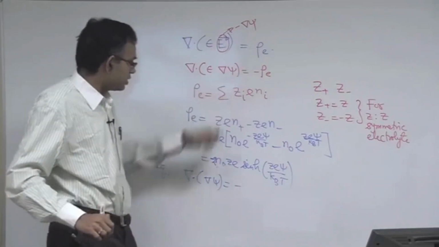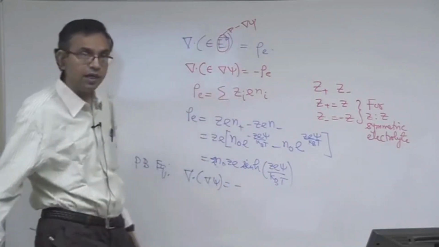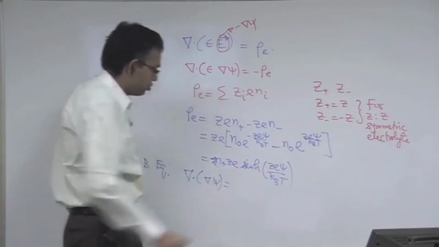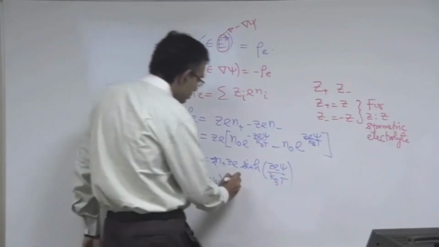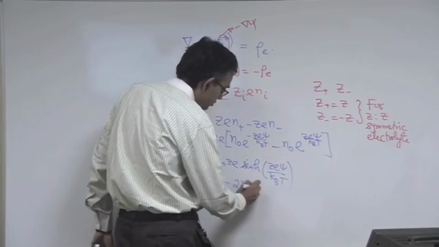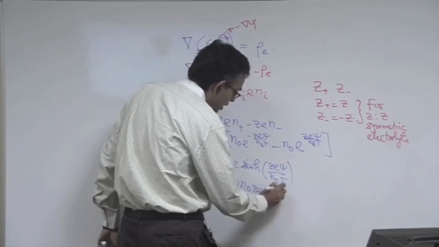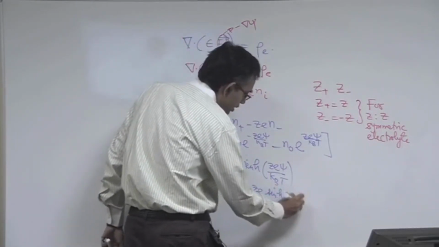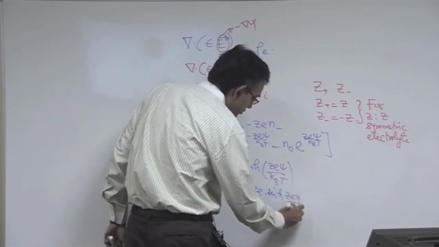So there was a minus rho e, that minus and this minus will make it plus, so 2 n0 sinh Z E psi by kBT.